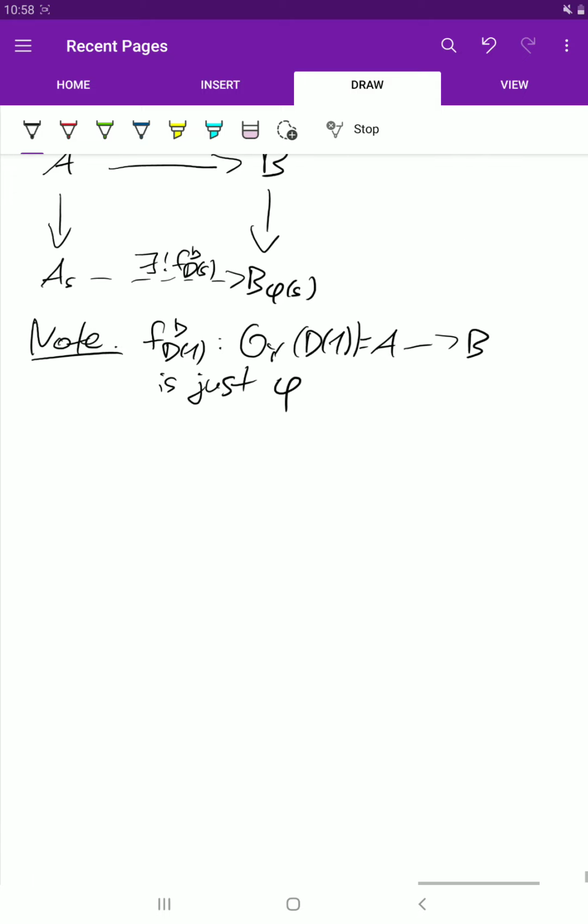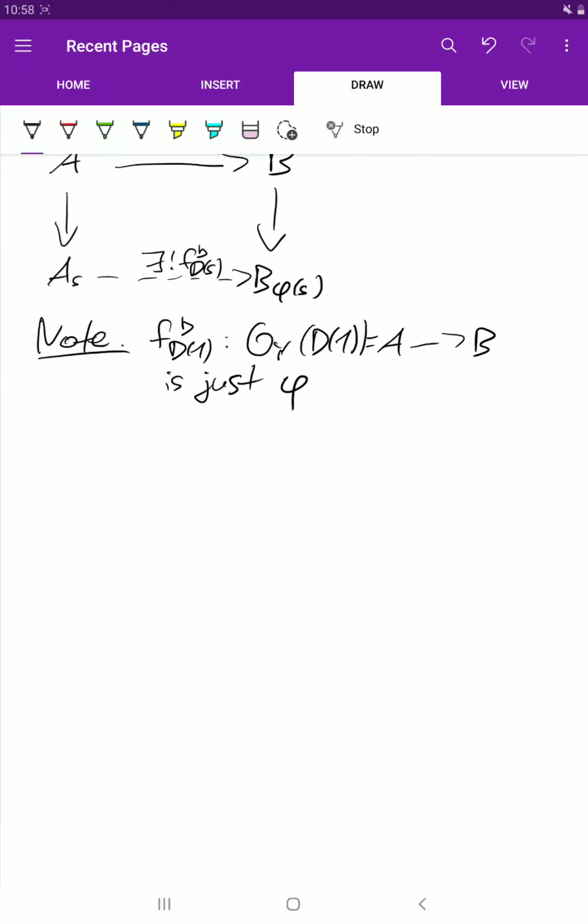Okay, so as I've already mentioned, we have a morphism of ringed spaces. Now we check that it's a morphism of locally ringed spaces. Sorry, let me go one step ahead.